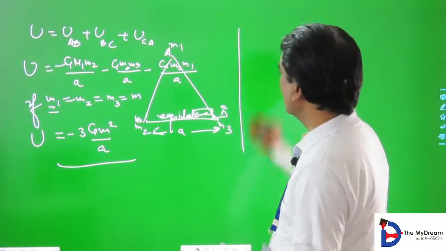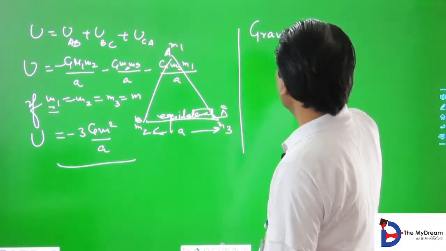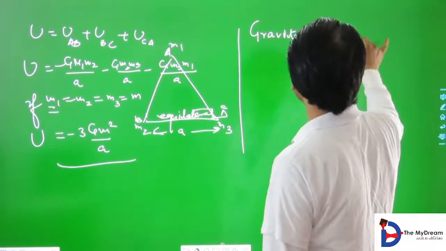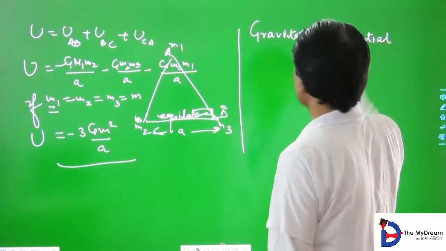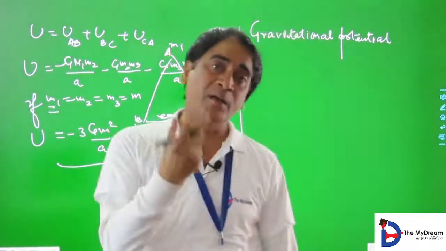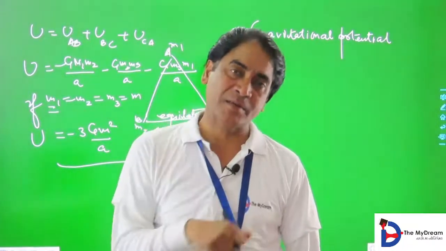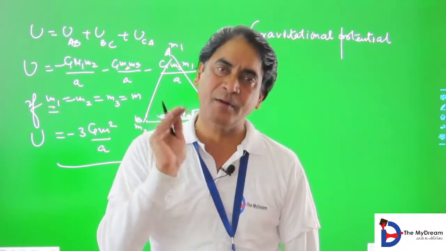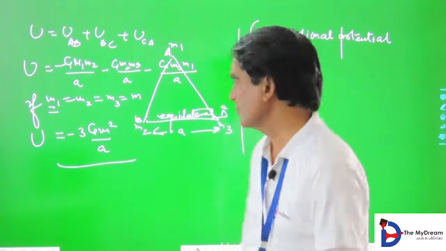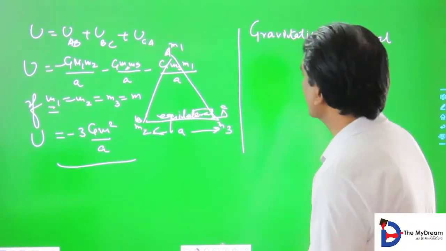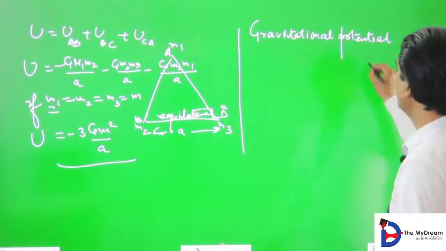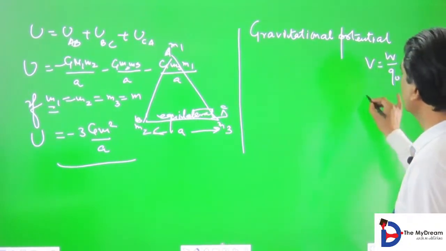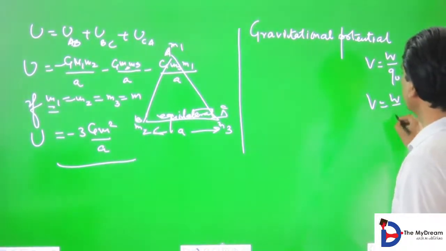Yes. Now we are talking about the gravitational potential. The amount of work required to bring a unit mass substance from infinity to a particular point gives the gravitational potential. You have studied V is equal to W upon Q naught in electrostatics. Here we will study M naught.